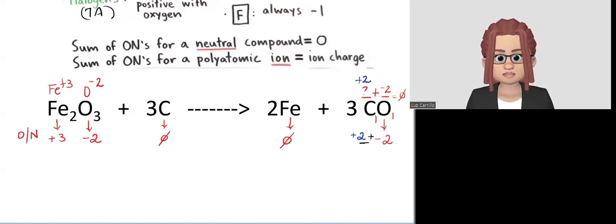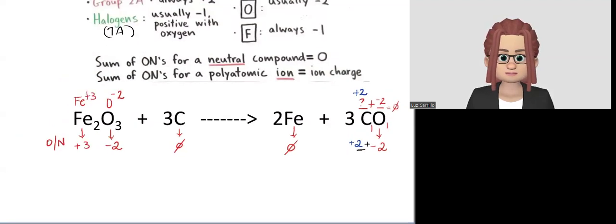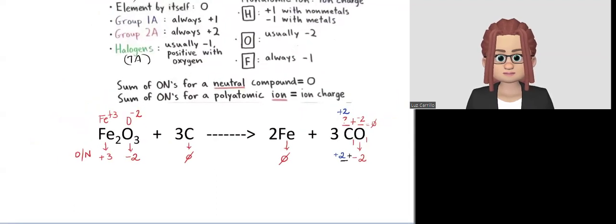Then I organize a table in order for me to know what happened to oxidation numbers as we progress in this reaction. So in this reaction, I have iron, oxygen, and carbon. Then I have the values in the reactant.